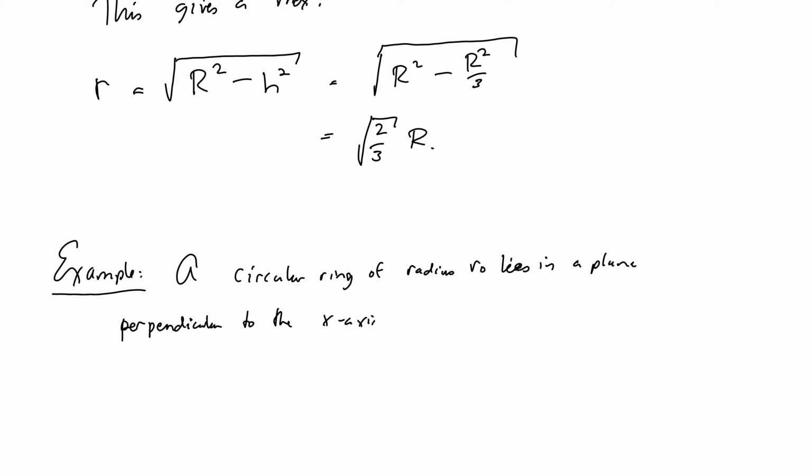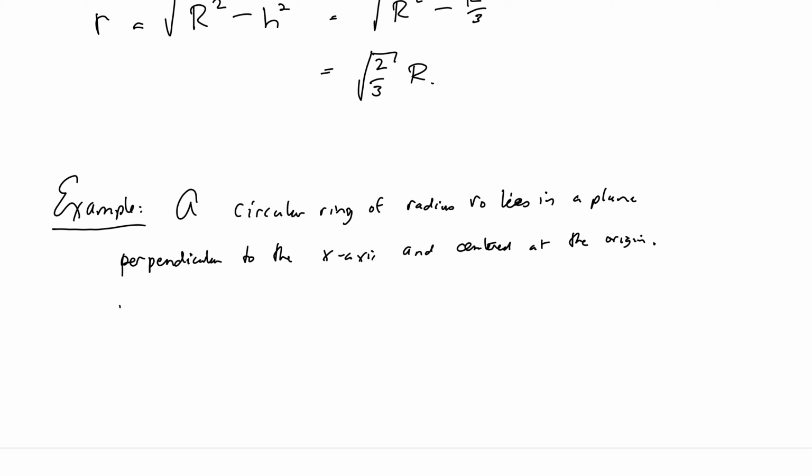Okay, so we've got a circular ring of radius r0 lying in a plane perpendicular to the x-axis and centered at the origin. The ring has a positive electric charge spread uniformly over it.